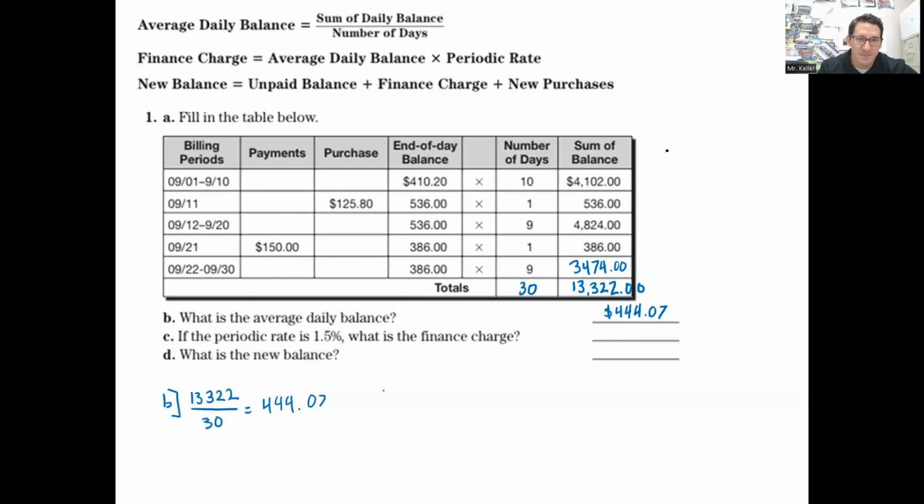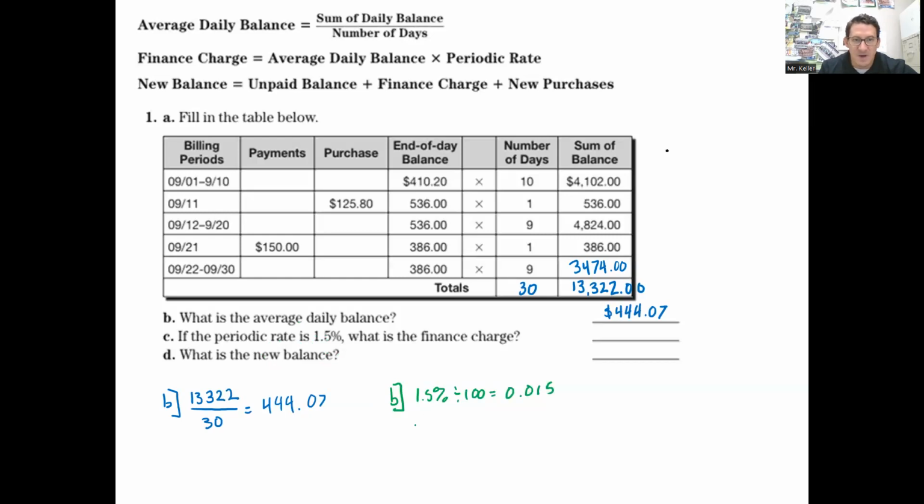So for the periodic rate, remember, we need to take the 1.5% and change it to a decimal. So that's 0.015.